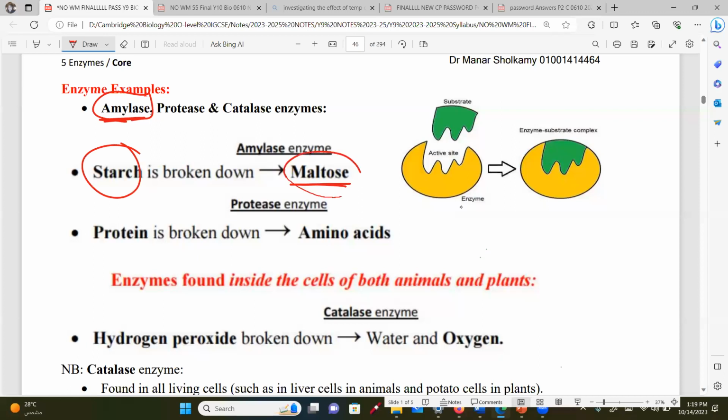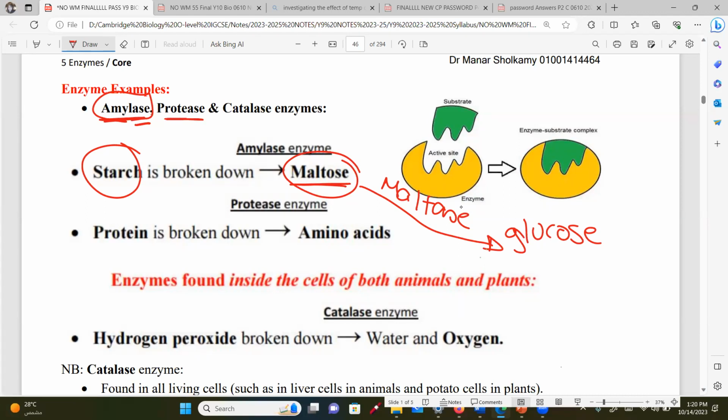And then this maltose will be broken down by another enzyme that you'll take this year called maltase to give you what? Glucose. And I'll give you an easy way to remember the name of the enzymes. They usually end in ASE: maltase, amylase, lipase, okay?